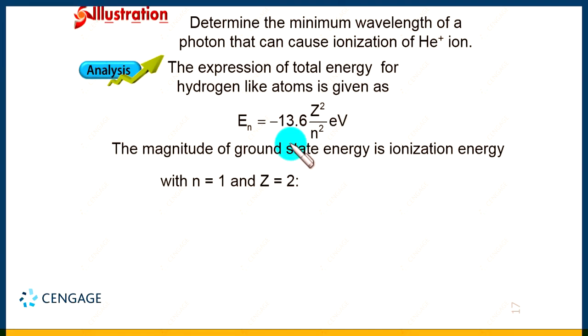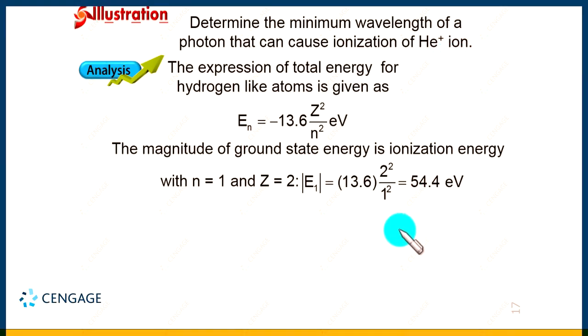It will be equal to 13.6 times 2 square divided by 1 square, and this value will be 13.6 multiplied by 4. This is equal to 54.4 electron volt. This is the magnitude of the energy at ground state for helium ion.